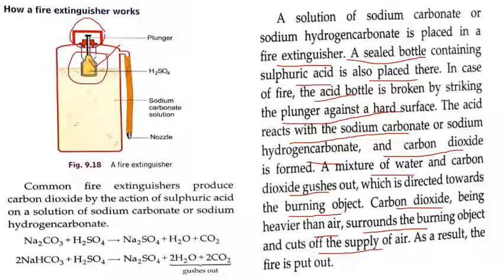As a result, the fire is put out. So, this is basic. We have a plunger over here that we have to break in case of a fire, and when this is broken the sulfuric acid reacts with sodium carbonate, and water and carbon dioxide come out of the nozzle, which helps in extinguishing the fire.